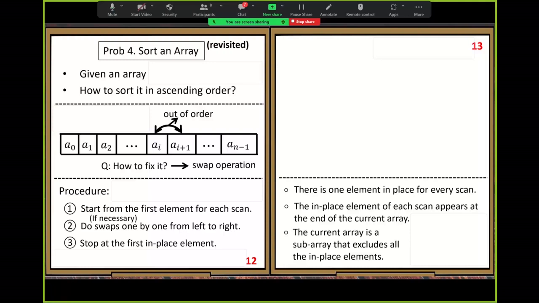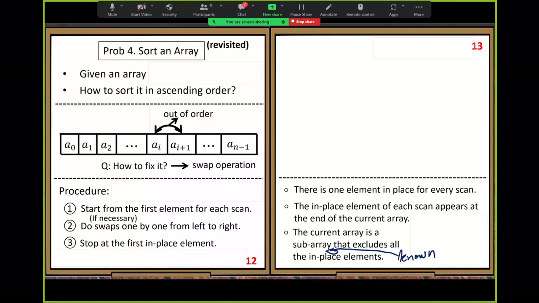To be more precise, I want to add "all the known." Some elements are also in place but unknown. But these elements, they are in place, and we know they are in place. Other elements, although they are in place, are unknown.